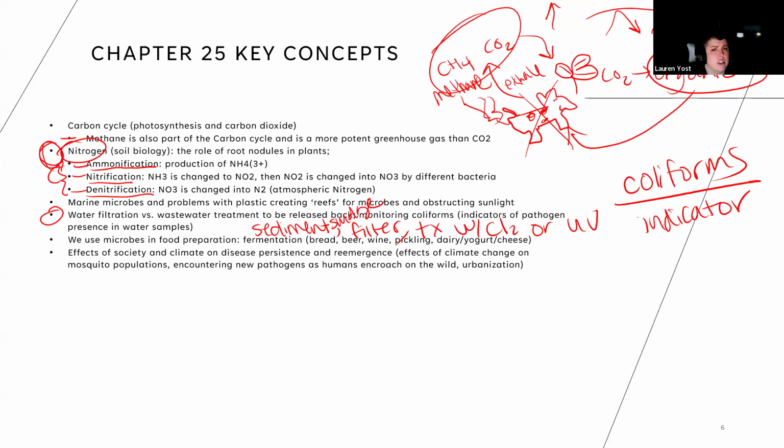And things that we've seen further south of us, like dengue, are becoming endemic here in the United States now. And don't think for a minute that's any small thing. It's a pretty horrible disease to have. Dengue fever is. All right, other effects of climate change, talking about urbanization, so moving into wild habitats, and that's going to expose you to diseases that humans normally wouldn't be exposed to.